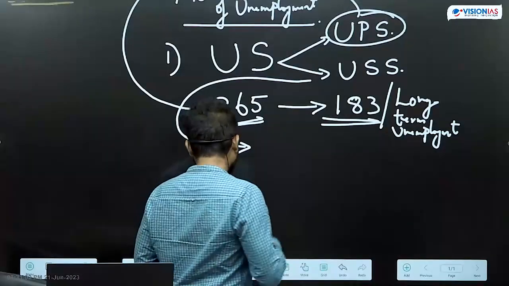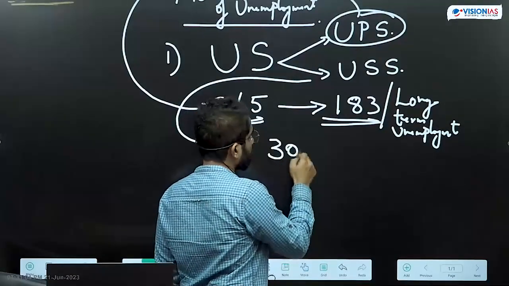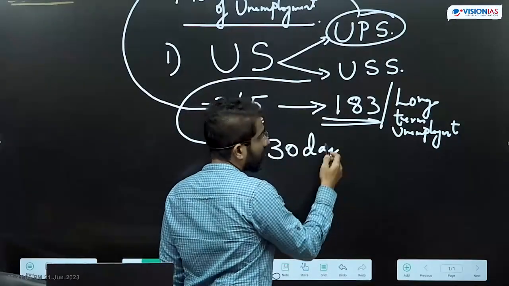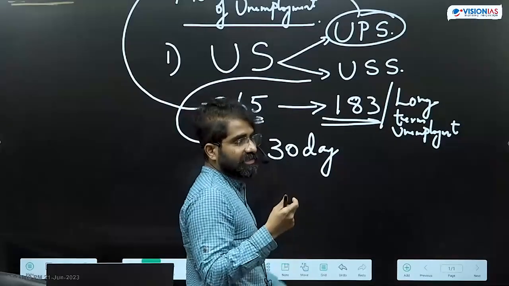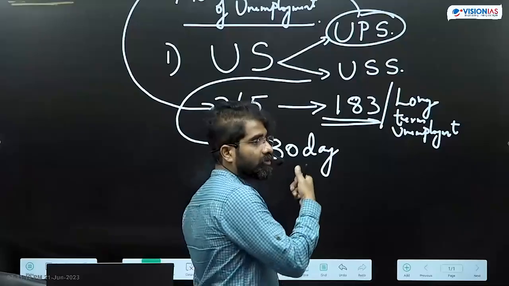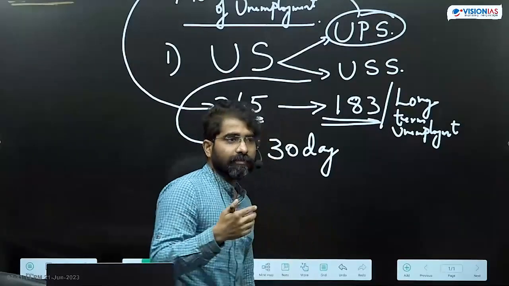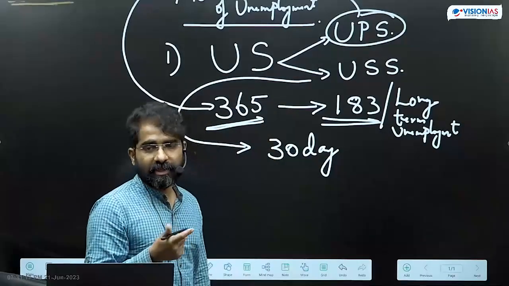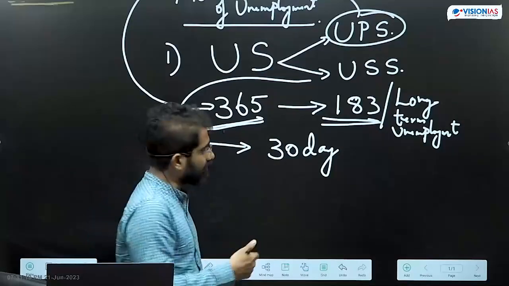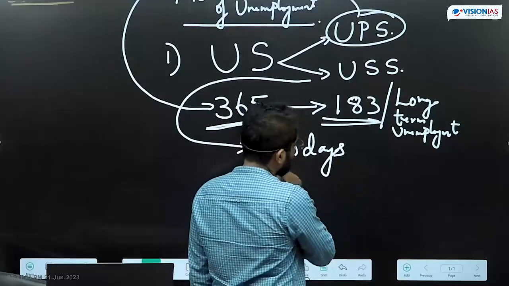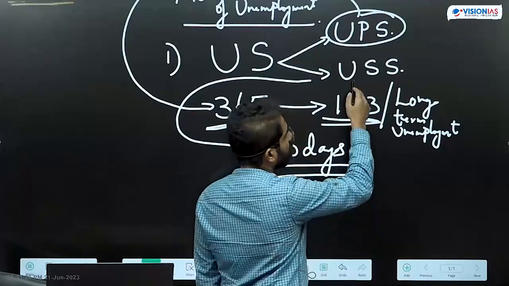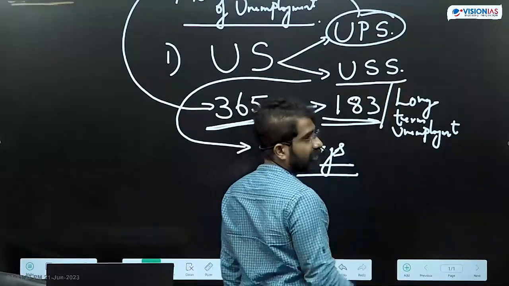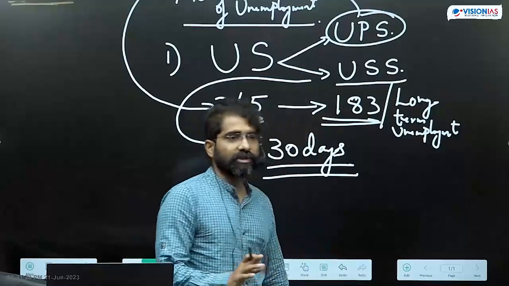Plus, you will also give him usual subsidiary status if he is employed for another 30 days in a year. So here you are only taking a 30-day criterion for the usual subsidiary status.